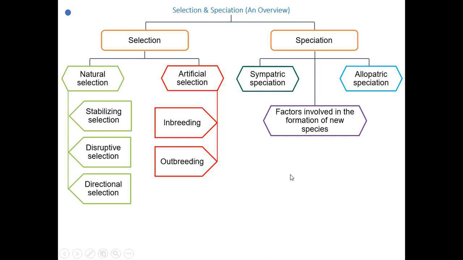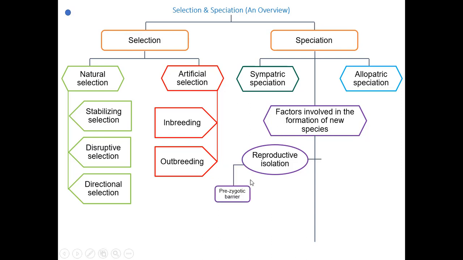Okay, what factors are involved in the formation of new species? We have four factors. The first one is reproductive isolation, which we can relate to the subtopic sympatric speciation. Reproductive isolation is divided into two: pre-zygotic barrier and post-zygotic barrier.